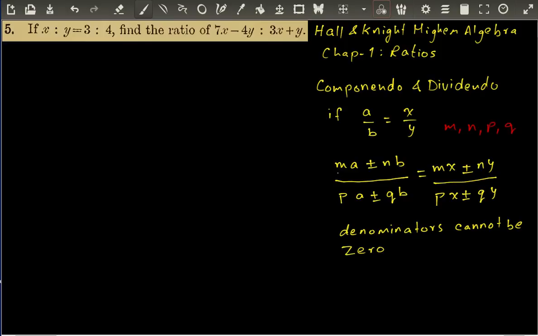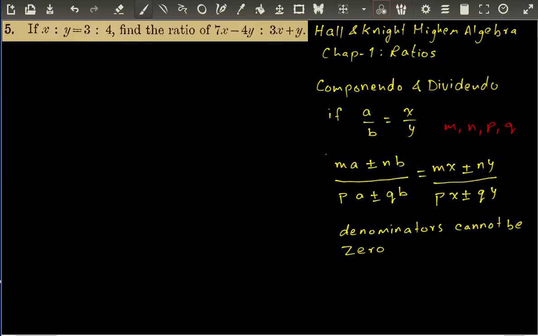Then we can multiply one ratio, say we multiply a by m and b by n, and then we can either add or subtract. Similarly, in the denominator we can multiply a by p and b by q. Again, we can either add or subtract.